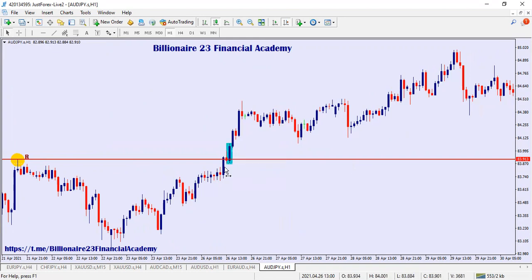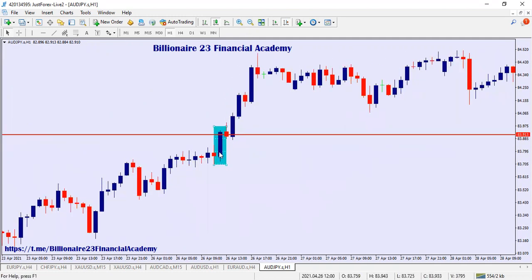The break occurred. You can use this candlestick, or you can use this one, or all of these three combined. But the key is there was a break of the resistance area. Not in terms of a spike, but in terms of a candlestick body break.